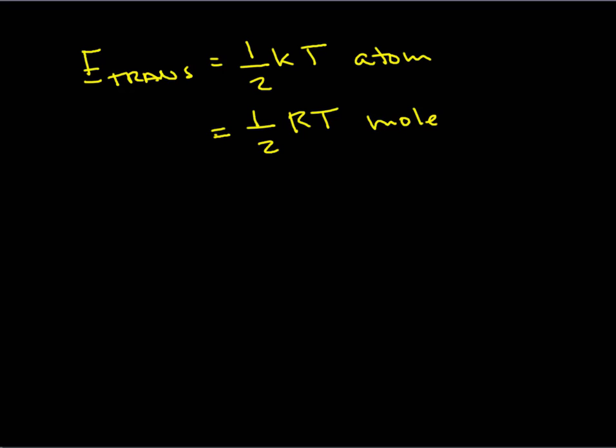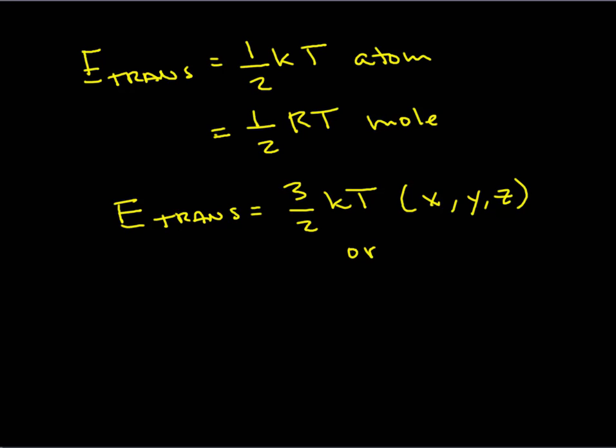And so if we wanted to consider all translational degrees of freedom, we would find that we have 3/2 kT for X, Y, and Z, or 3/2 RT for X, Y, and Z. Of course, that being for a mole of our gas.